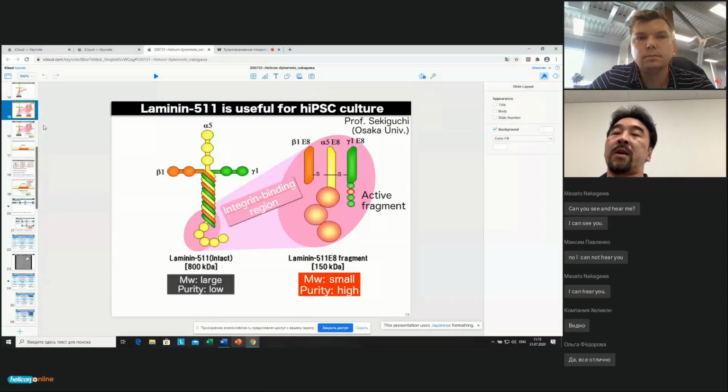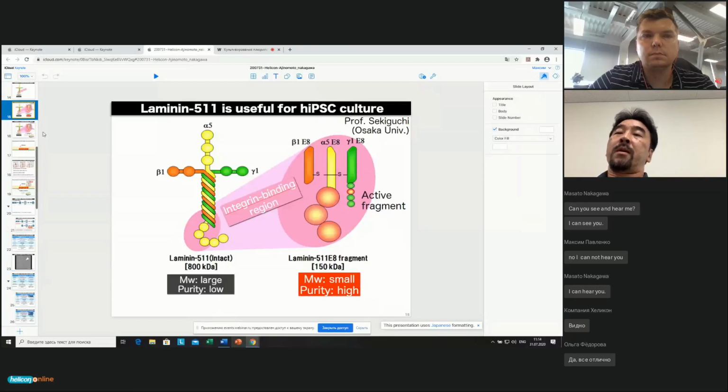Its molecular weight is smaller than intact laminin 511, and the E8 fragment can be purified by the affinity column method, resulting in very high purity.